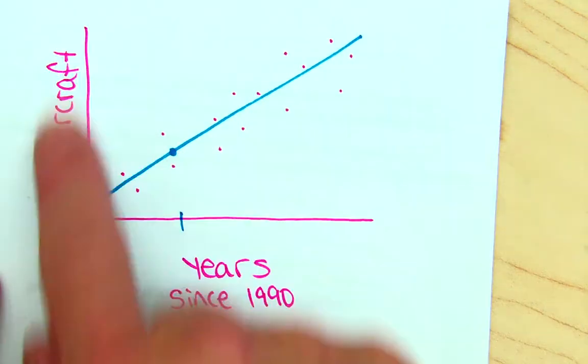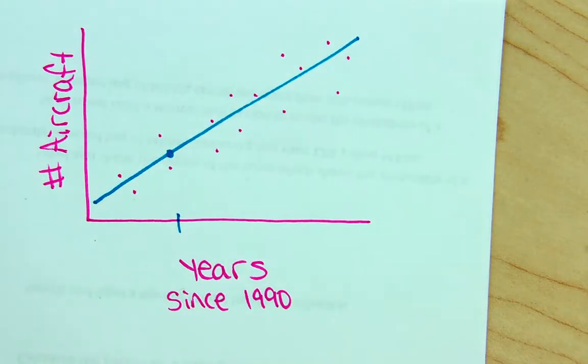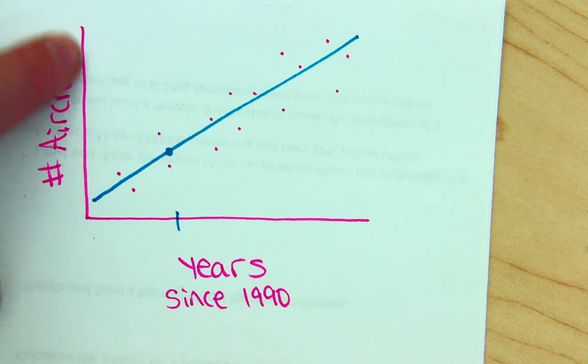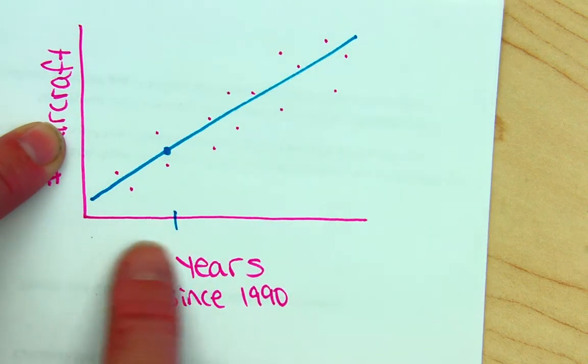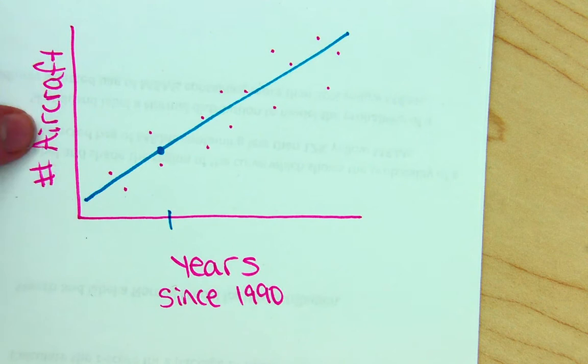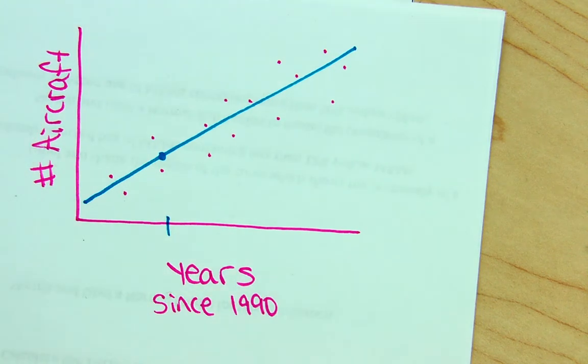We have some variation in the number of aircraft, smaller amounts and larger amounts. So what this coefficient of determination says is that the variability here can be explained by the variability here. The difference in the number of aircraft is because the year is different. And it's measuring what percentage is explained by that relationship.